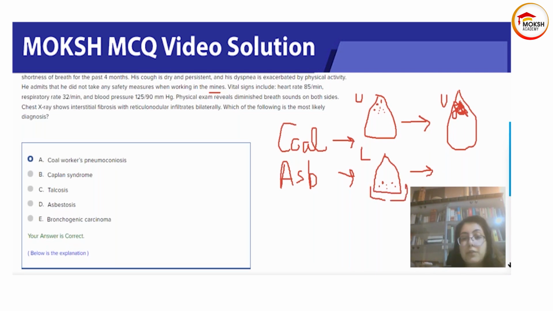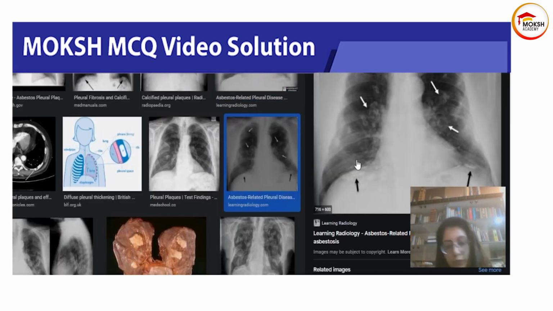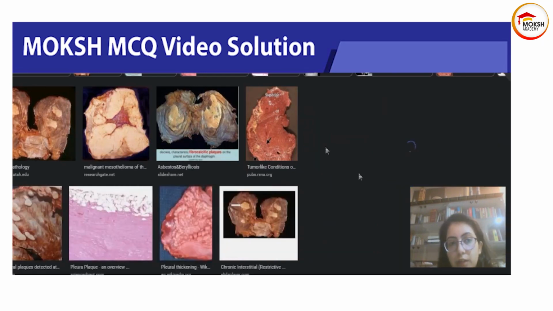Let me show you pleural plaques. It's very important. If you can see these white lines, this is pleural plaque. So in the pleura there is formation of plaque, and that is seen in asbestosis. This is an X-ray image. This one is a very common figure.